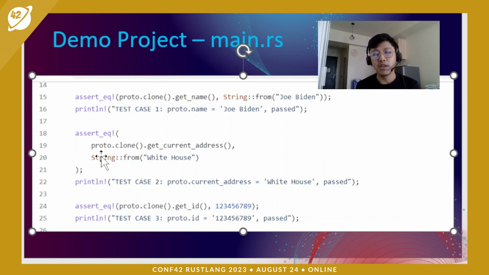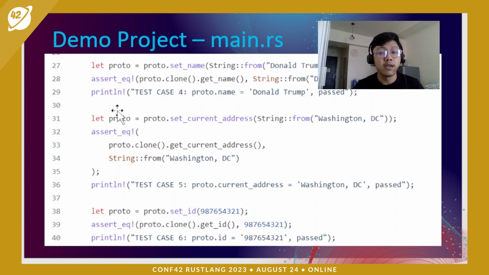If it fails, then it will stop here and skip the remaining lines. Then next, we also compare the ID of our object with the value 123456789. If it passes, then it will print test case 3 passed with proto ID 123456789. And if it fails, then it will just stop here.